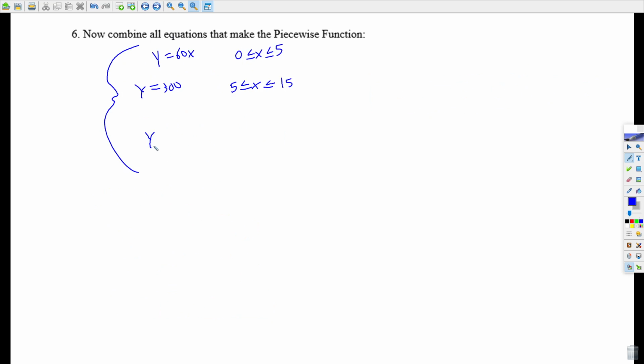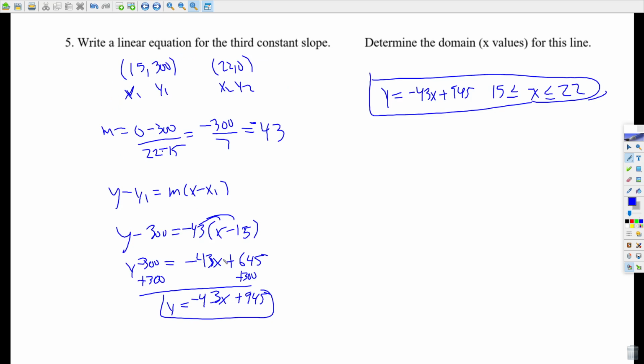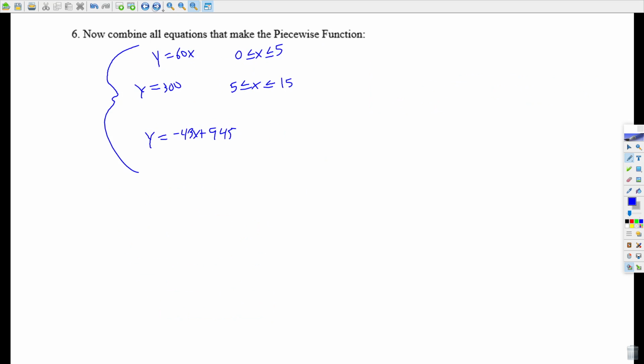And the last one we just did was negative 43x plus 945, I believe, and that's from 15 to 22. So that's the notation for doing the piecewise function. You have three different equations, and it tells you exactly when to graph those equations: from 0 to 5, 5 to 15, 15 to 22.